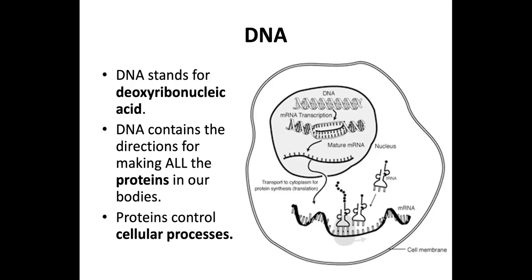Protein. Okay? So that takes us back to cells. So I told you, every time we talk about stuff in bio, it all links together. Okay? And the reason that this is so important is because proteins control all of our cellular processes that take place within the body. Okay?